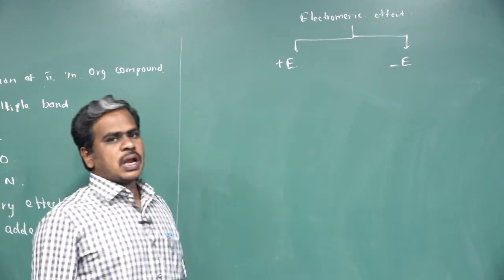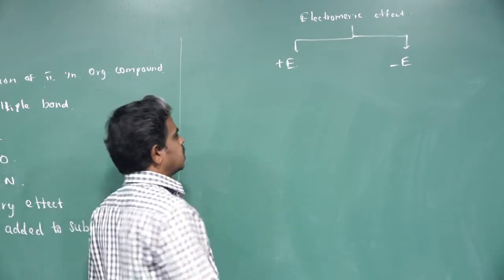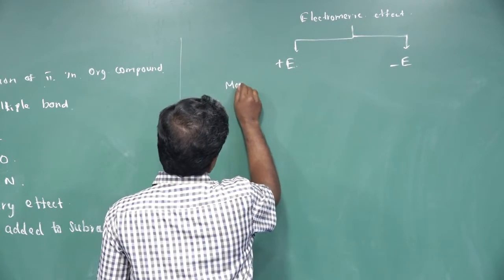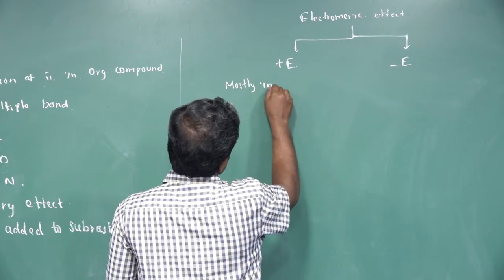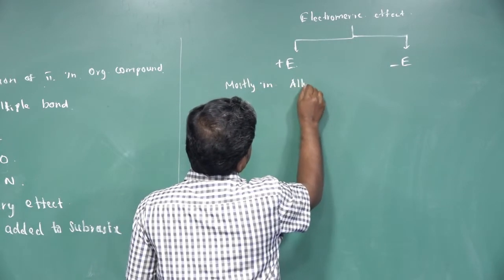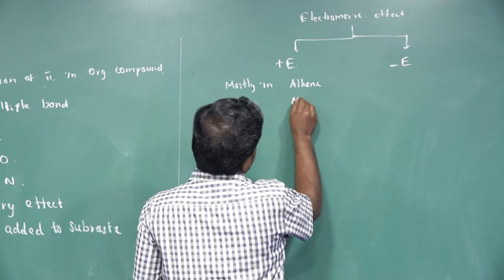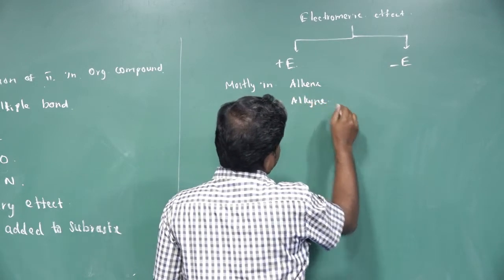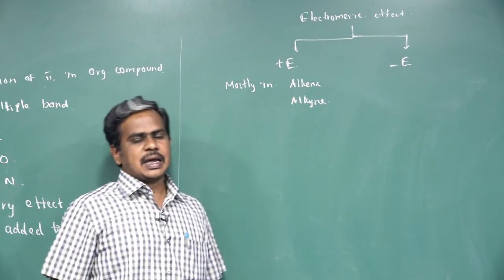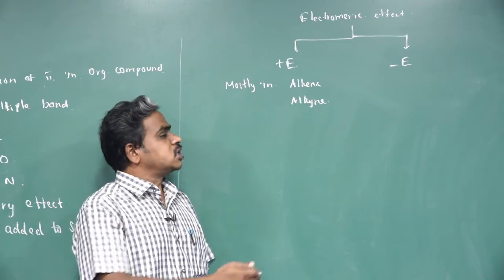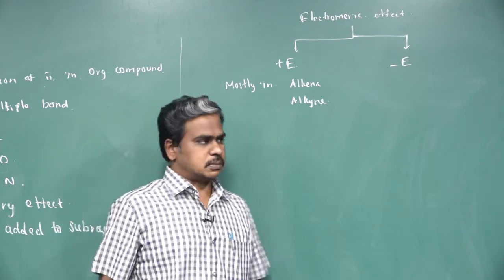The positive electromeric effect occurs mostly in alkene and alkyne. So in alkene and alkyne reactions, mostly positive electromeric effect is possible.